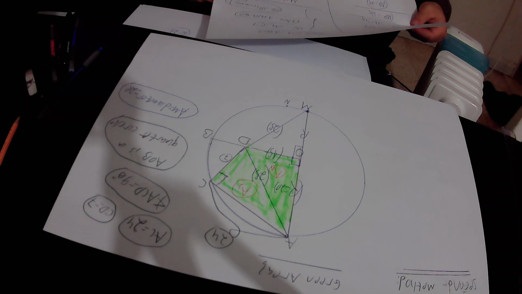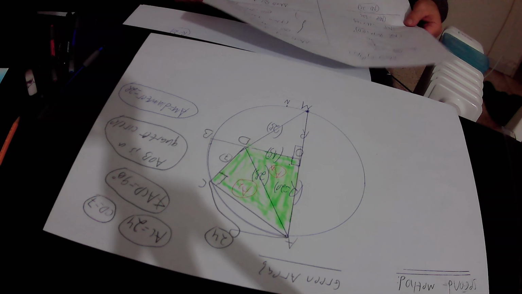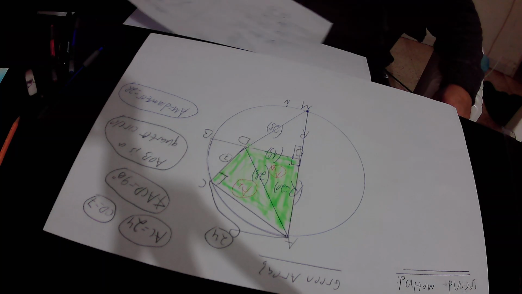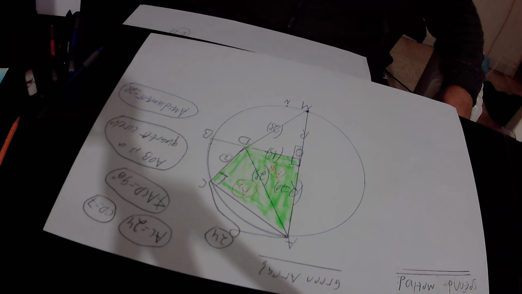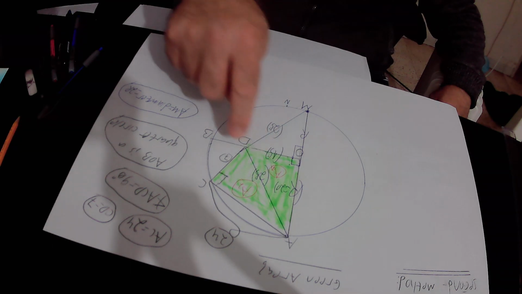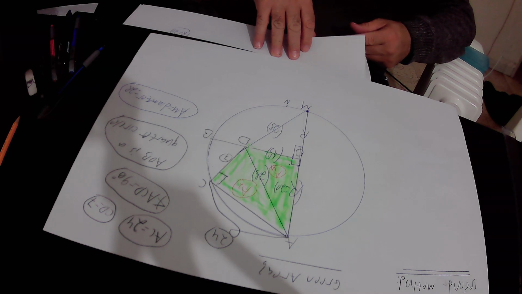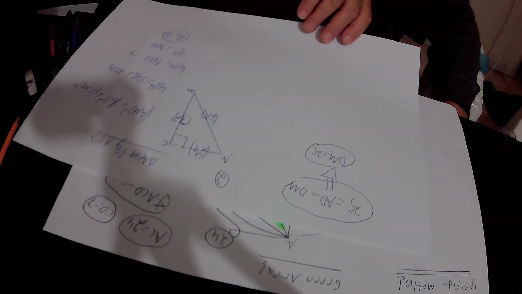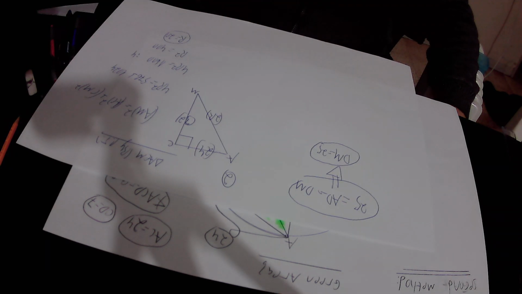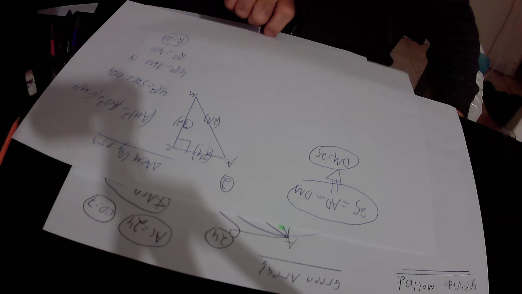And from the fact that those two right triangles are congruent to each other, we derive that AD equals DM, according to the rule that corresponding sides in congruent triangles are equal to each other.